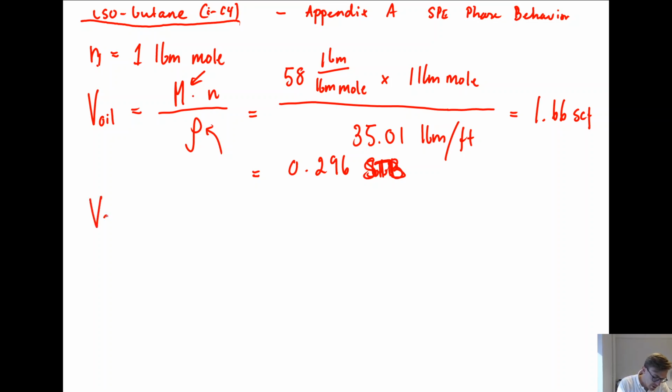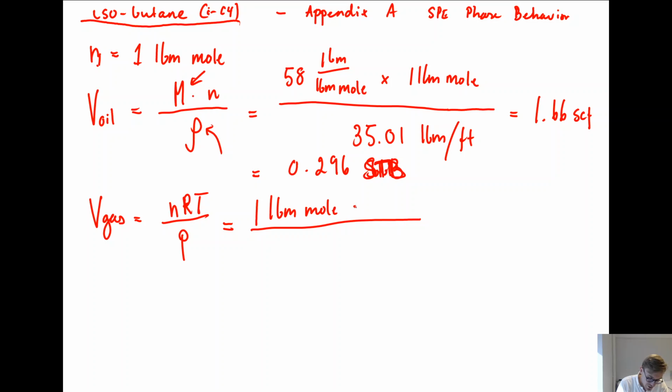Then doing the same, the alternative is that this is in the gas phase. Then we know from the real gas law, nRT over P. Again, just filling out this formula straight out of the box, 1 lbm mole times the R. The R is also given in the monograph or just online in field units, which is then psia cubic feet per lbm mole per Rankine.